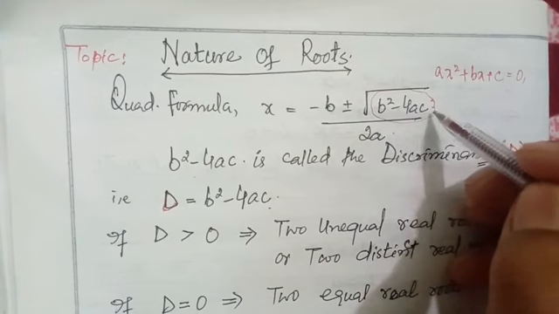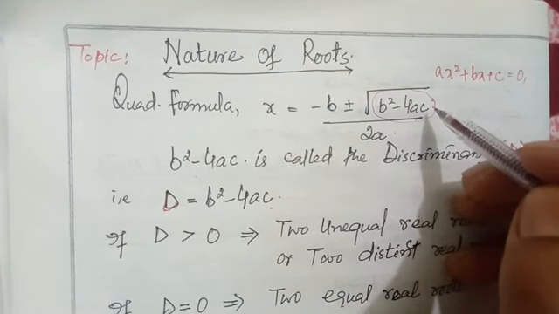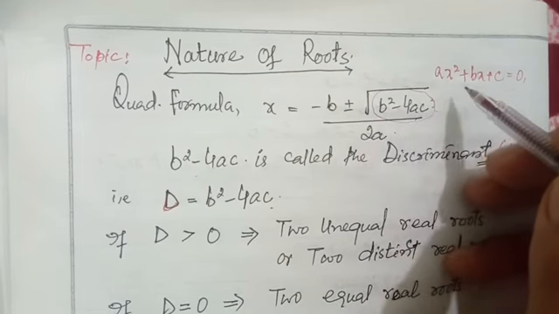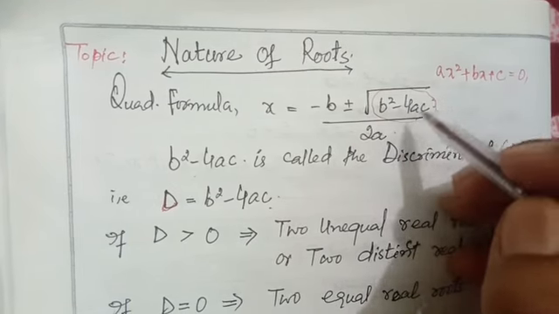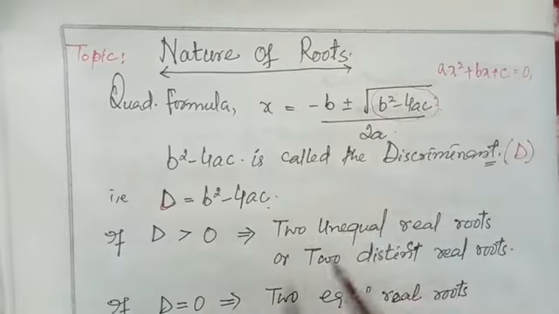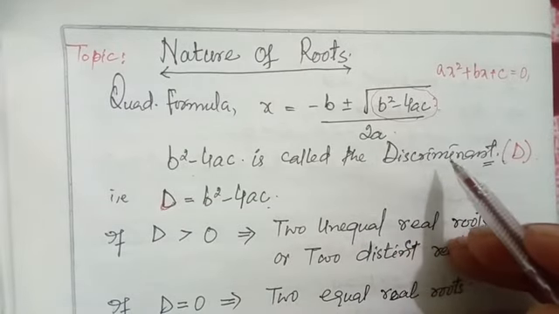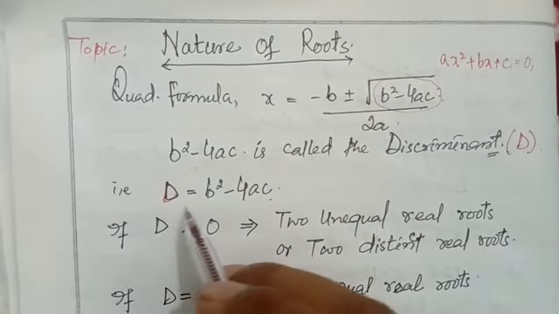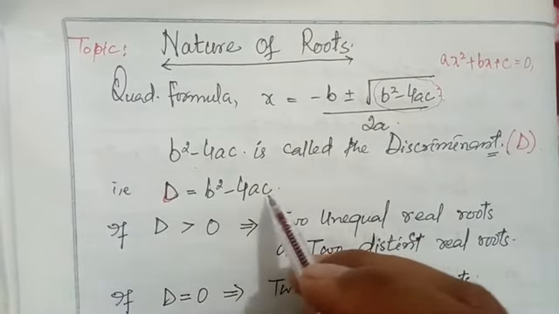While multiplying and subtracting the values, we will get some value. This b square minus 4ac is called the discriminant of the equation, and it is denoted by D. So we can write D equal to b square minus 4ac.